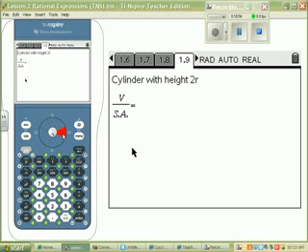Okay, we're going to try the same thing, except this time we're dealing with a cylinder with height 2r. Okay? So before we had h, instead of h, we're going to have 2r in there. So you're going to go right down to here, put in a fraction template. Are we all getting used to hitting these keys now? A little bit better?